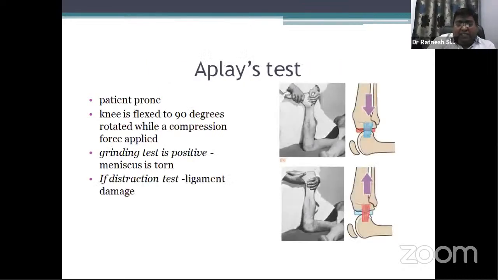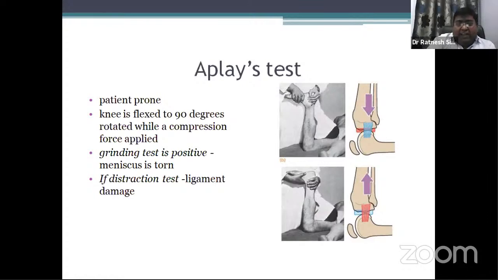Apley's test. It is done to check for meniscal tear. The patient lies prone, and the knee is flexed at 90 degrees. Longitudinal compression is applied and it is rotated internally and externally.